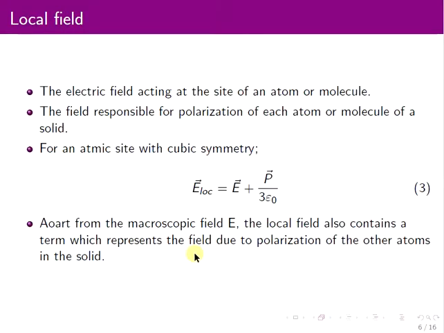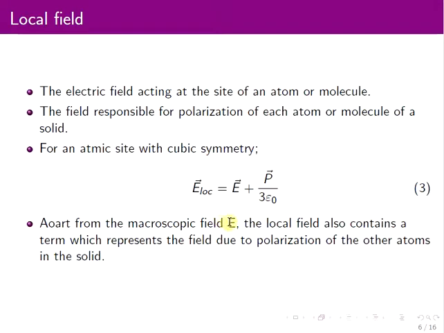Now we need to define what the local field is. It is the electric field acting at the site of an atom or molecule, the field responsible for the polarization of each atom or molecule of the solid. For an atomic site with cubic symmetry, the local field, E local, is equal to E plus P by 3 epsilon naught.